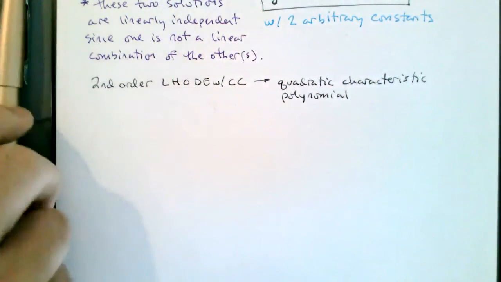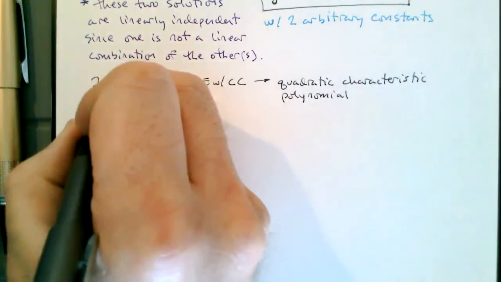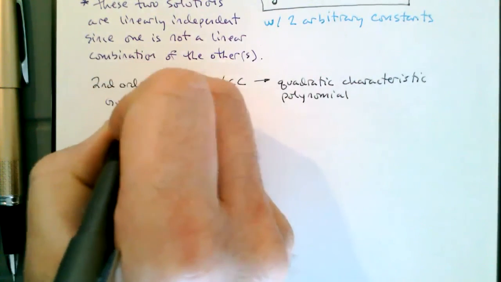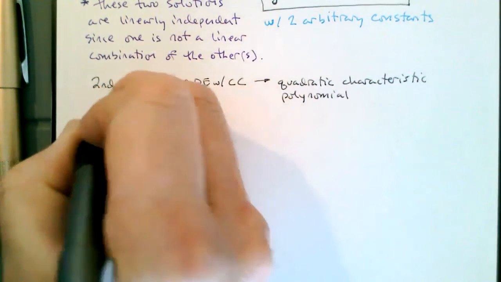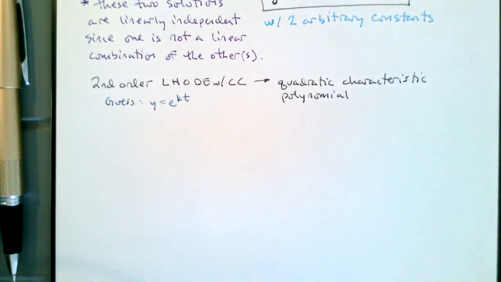Our guess is going to be y equals e to the kt. It's going to lead to a quadratic characteristic polynomial, and we know that there are three things that happen when we find the zeros of the polynomial.